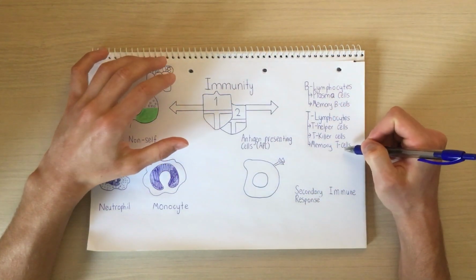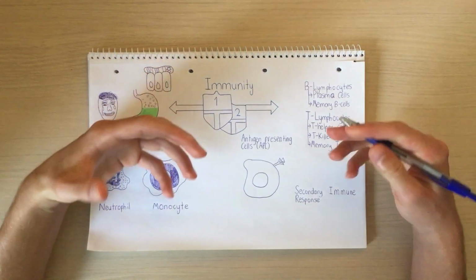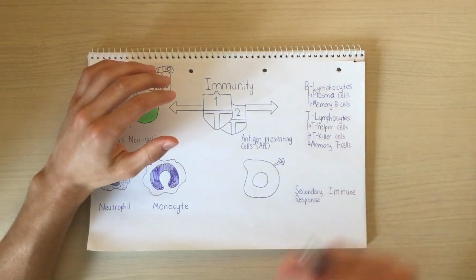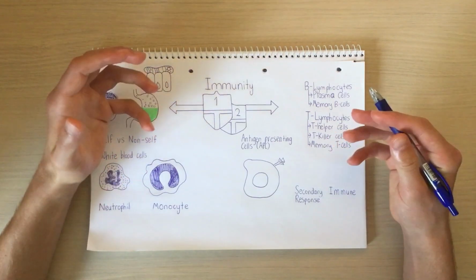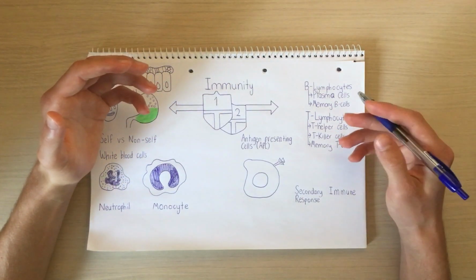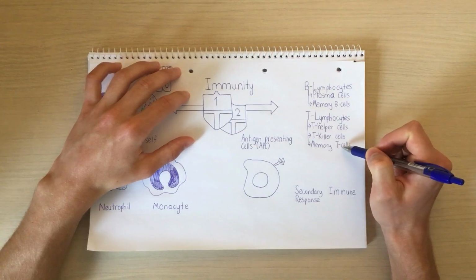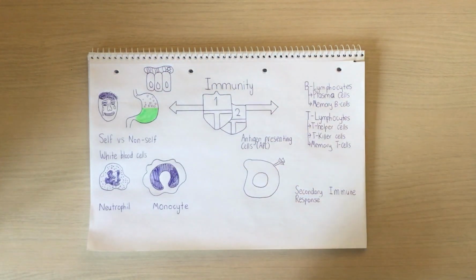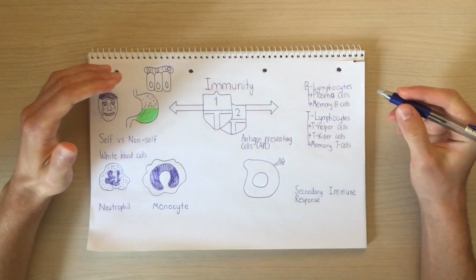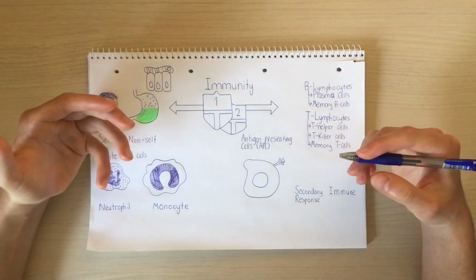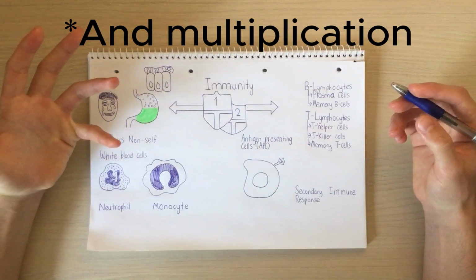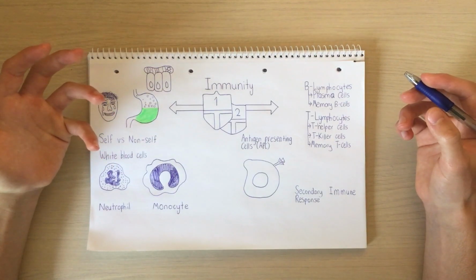These memory B and T cells will remain in the system for many years. And then the next time that we become infected with the same pathogen that has the same antigens, these memory B and T cells will be able to act on that pathogen very quickly and prevent the growth of that pathogen to cause disease in the human again.